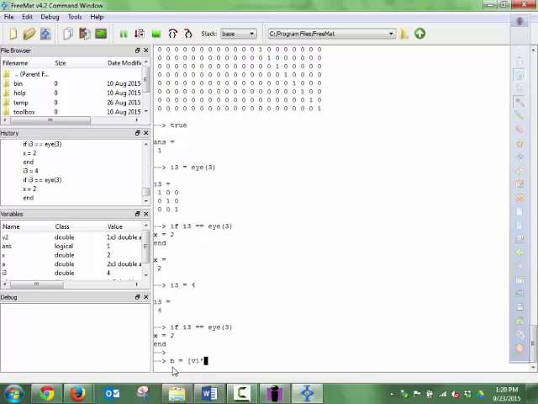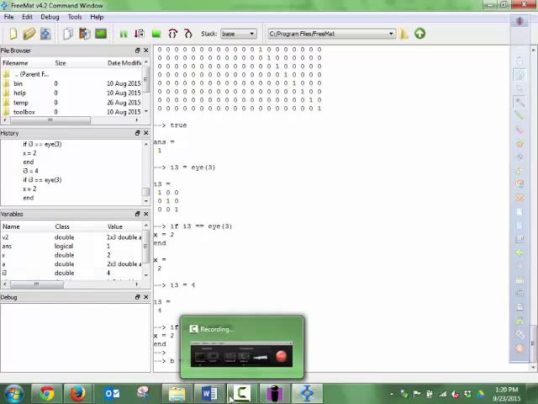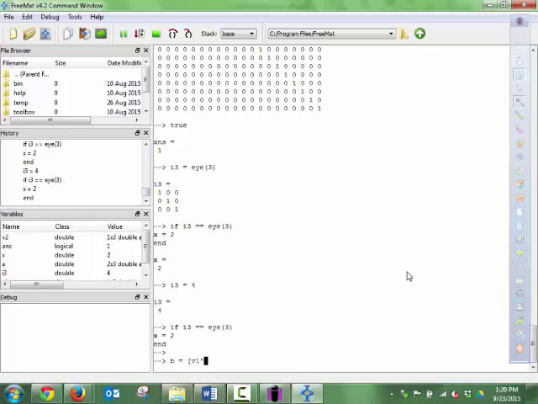Have you guys done the apostrophe yet? That is called a transpose, and we're going to learn about the transpose idea later. So this is going to be the first column, and then V2 will be the second column.